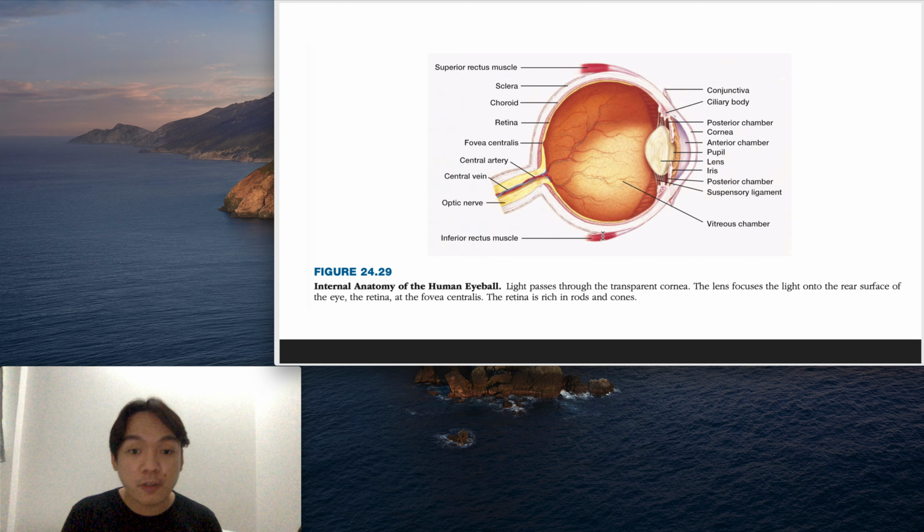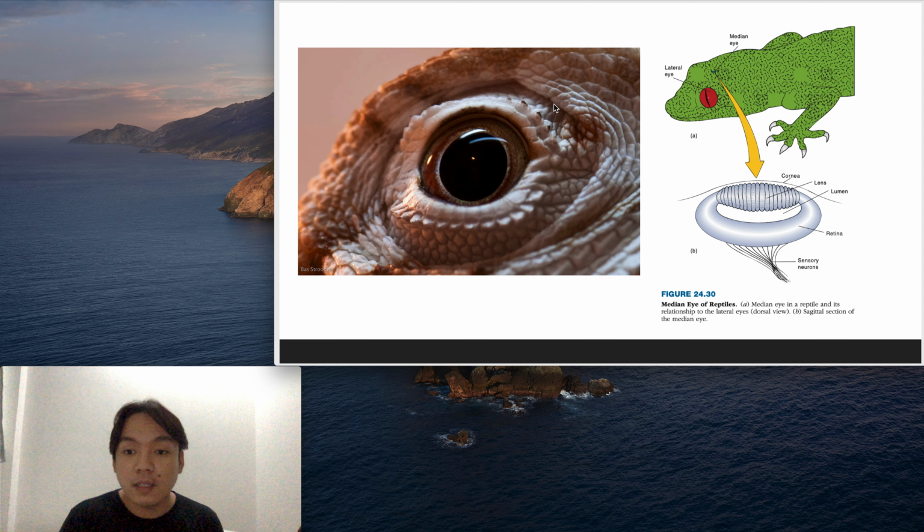This is the anatomy of the human eyeball. Light passes through the transparent cornea, and the lens focuses the light onto the rear surface of the eye, the retina, at the fovea centralis. The retina is rich in pigments, rods, and cones. Also, the median eye of reptiles has a connection to the lateral eyes.